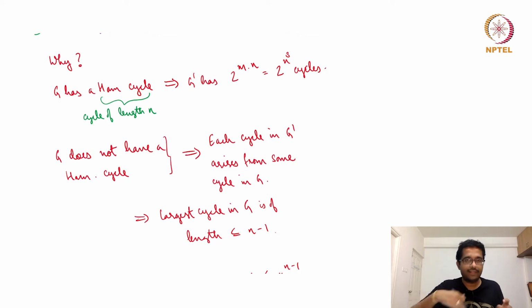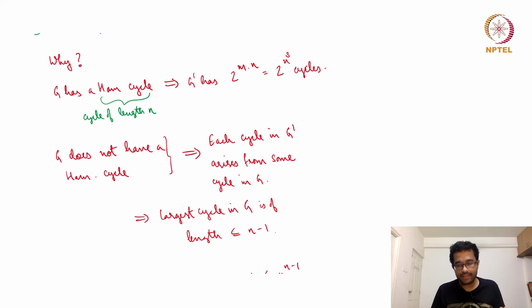So if there is a cycle in G prime, there is a cycle in G. So instead of counting the number of cycles in G prime, what we will do is count the number of cycles in G and see how many corresponding cycles each gave rise to in G prime.